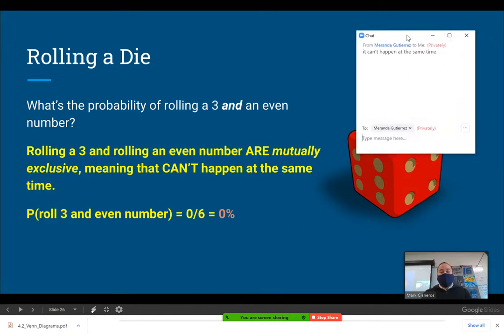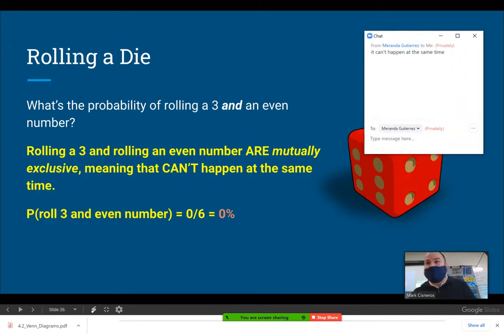So you're right, Miranda. How would I change this question, Alyssa, now that you answered that? What would I change in this question to make this the answer that you gave me, which was 4 out of 6? You had 2 dice. Okay. What if you change it? It would change the answer. But you're right, that's one way.